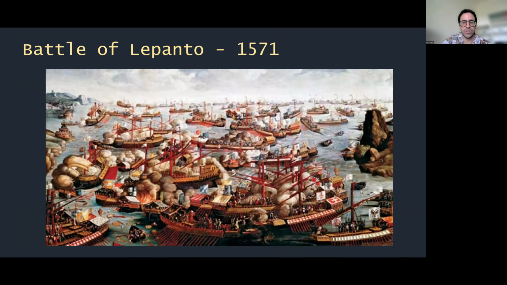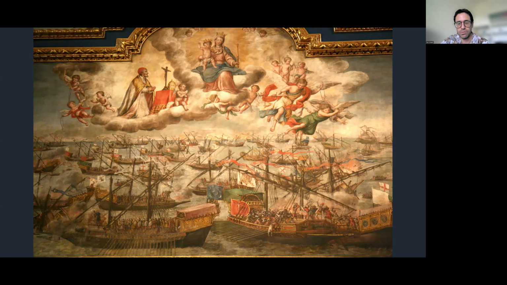That said, the Ottomans have a major military setback at the Battle of Lepanto in 1571, where their entire navy is destroyed by a combined fleet of different European Christian navies. And this victory for the Christians, or for the Europeans, is so major that it gets commemorated and depicted throughout churches and spaces all over the Mediterranean.